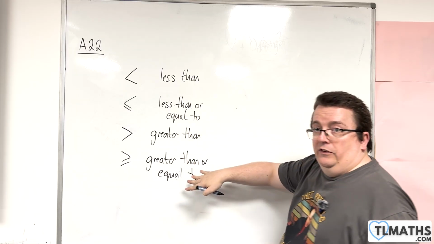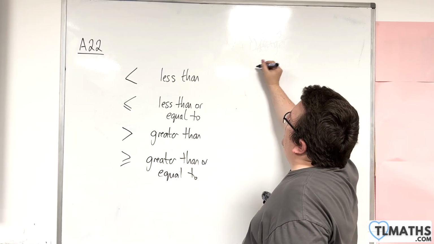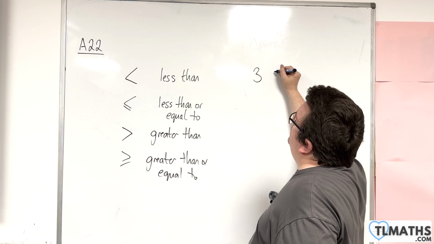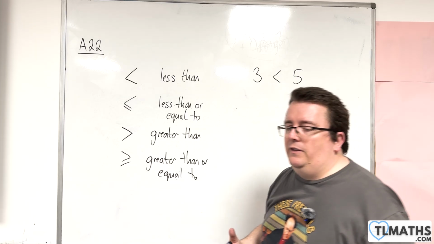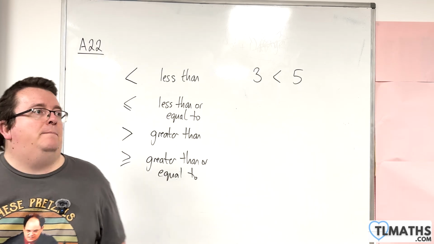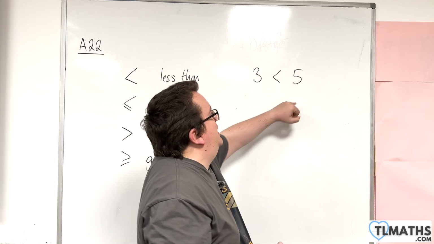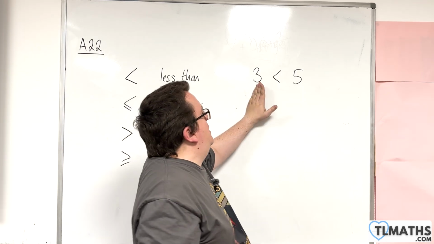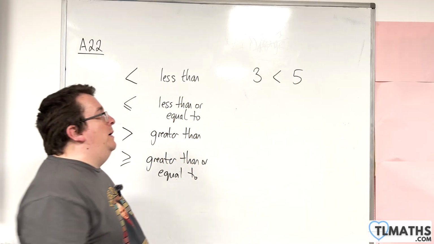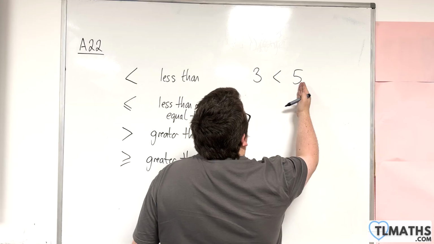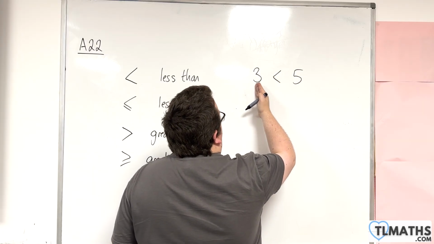In these interpretations, if I had something like 3 is less than 5, that makes sense. We understand that. So when we write that down, we usually read from left to right: 3 is less than 5. But of course, you could read it the other way around as well and say 5 is greater than 3.